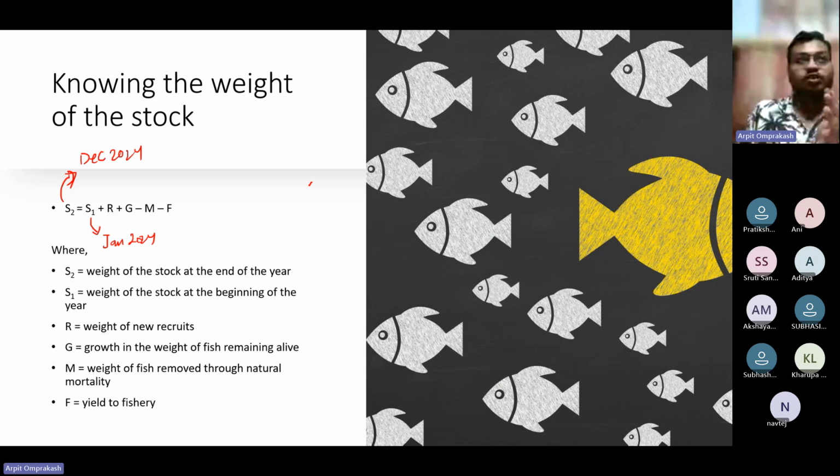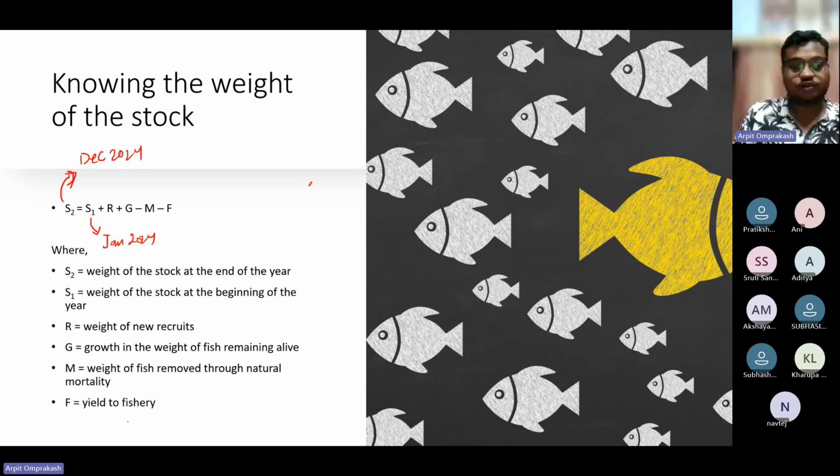So basically, every year from January to December, the fishes or the whales and all other organisms will feed and increase in size. So G is the growth that is due to the increase in the weight of the fish that are alive in the population. M is the weight of the fish that is removed through mortality, or because of death of these fishes or whales. So that is subtracted from the value.